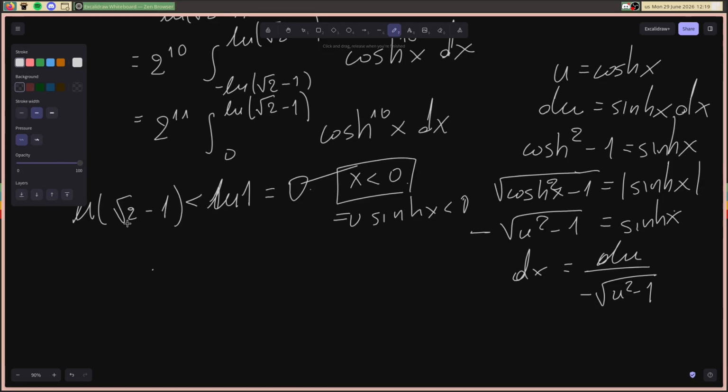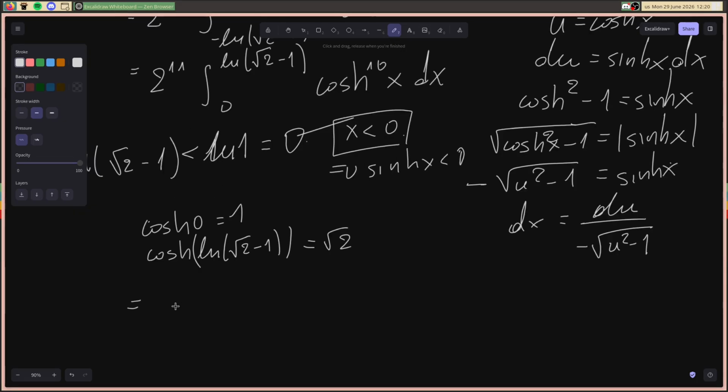And we evaluate the bounds of integration by plugging 0 and ln of square root 2 minus 1 into cosh. Now, these two are known values of cosh. Cosh of 0 is 1, and cosh of ln of square root 2 minus 1 is equal to square root 2.